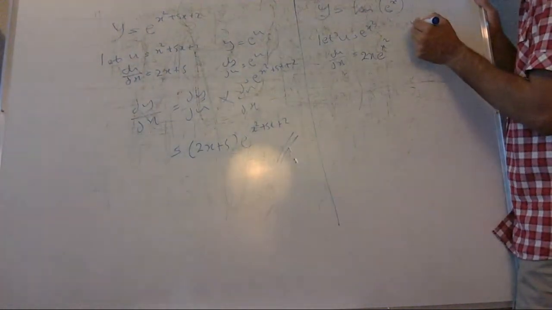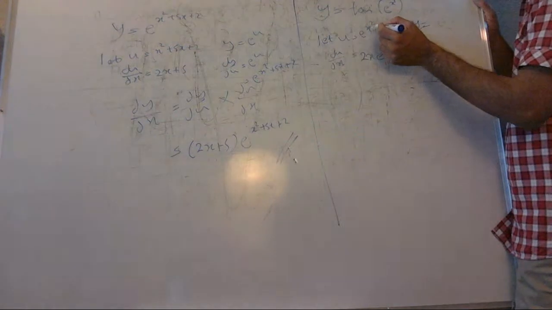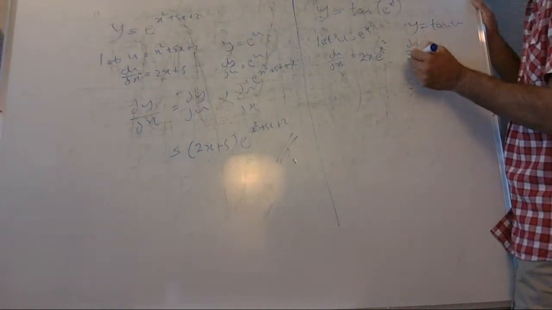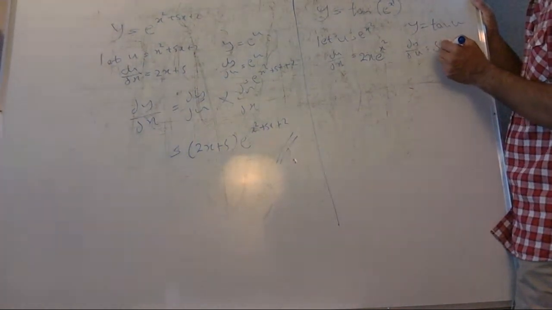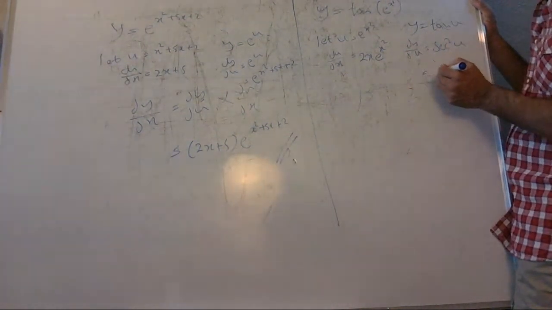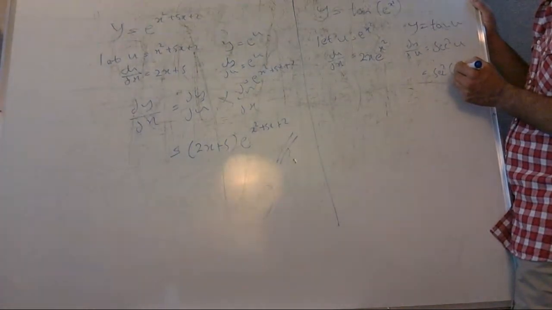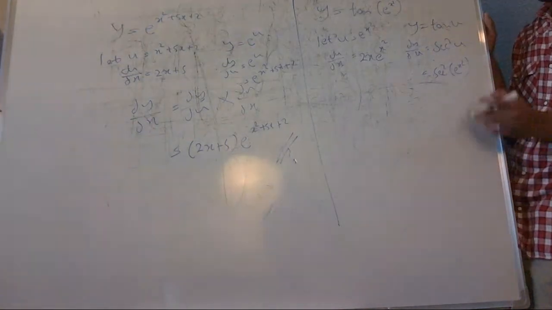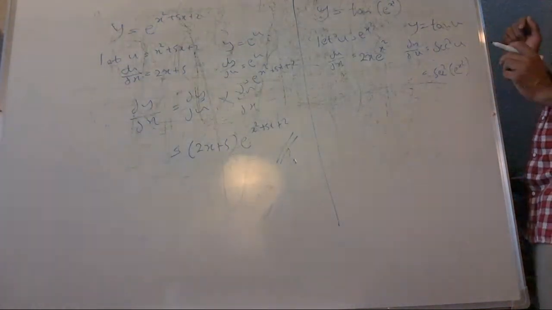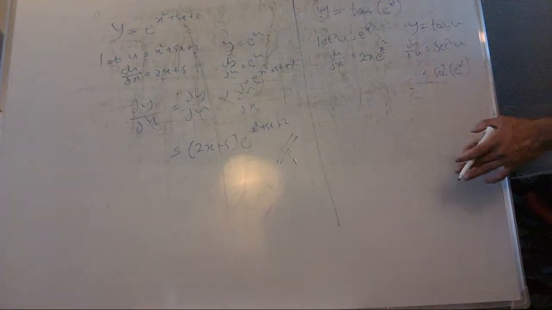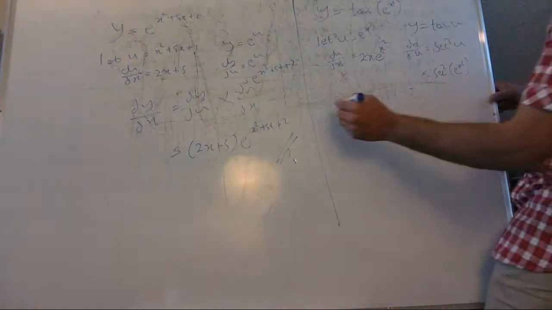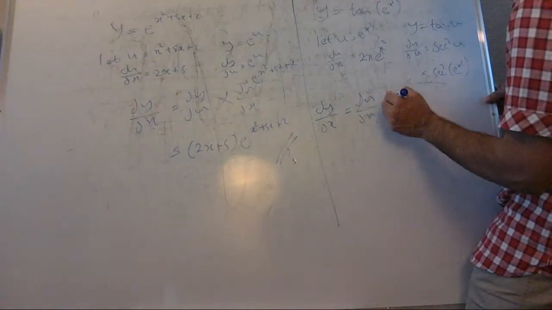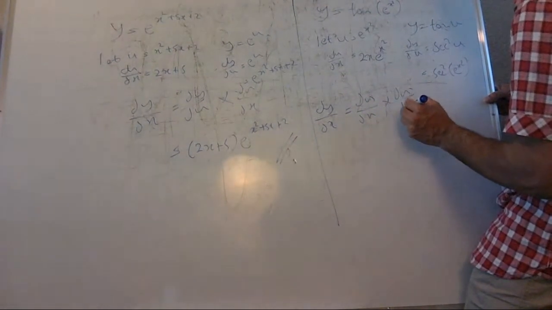Okay, so now if u equals e to the x squared, y is equal to tan u. So dy du equals sec squared u. That's the same as sec squared of e to the x squared. Just because there are complicated functions, don't worry, we're just going to keep it simple. If we follow the process, we will get the right answer every time. So now dy dx equals dy du times du dx.